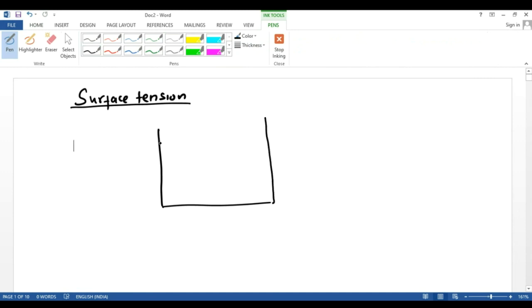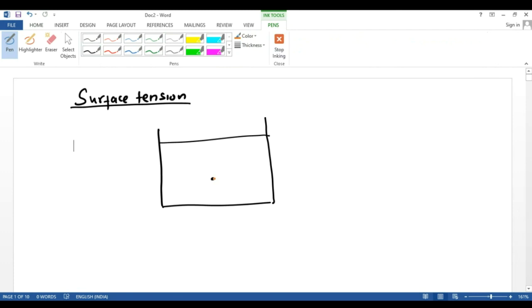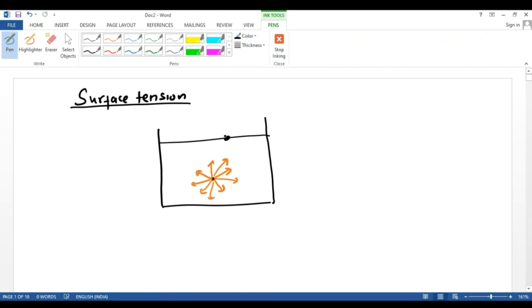So let us say this is the fluid molecule, and if I'm taking a fluid molecule in the bulk of the material like here, then it is attracted by other fluid molecules in all directions, and the resultant of this is of course equal to 0. As we said, if you take a fluid molecule in the bulk, then the net forces on it are completely balanced.